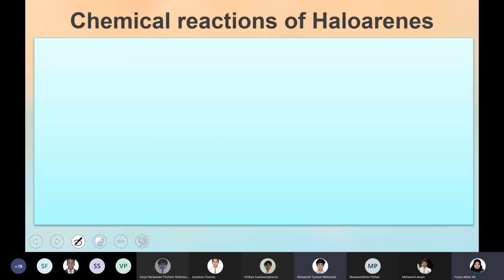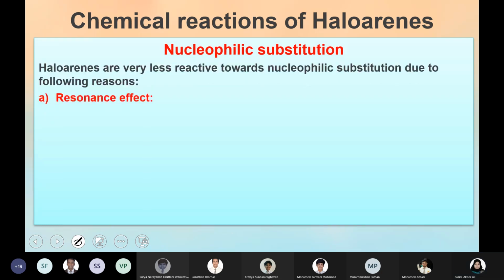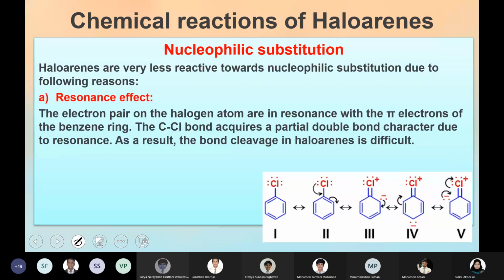Next, the last part of this chapter is chemical reactions of haloarenes. In haloarenes, nucleophilic substitution is not very favorable, and there are many reasons why.